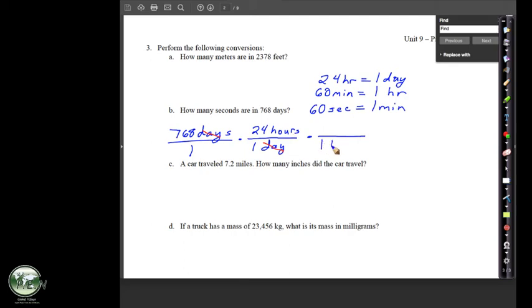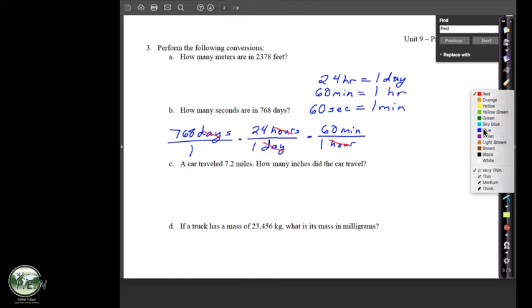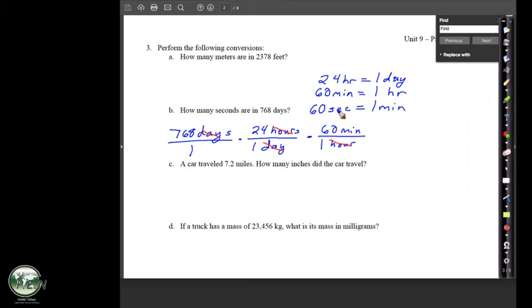So 1 hour goes in the bottom and 60 minutes goes in the top. And again, we get a canceling of units. The hours are going to cancel. If we finished here doing the math, we'd be left with minutes. But again, we want seconds. So there's one more conversion that needs to be done. We need to go from minutes to seconds.